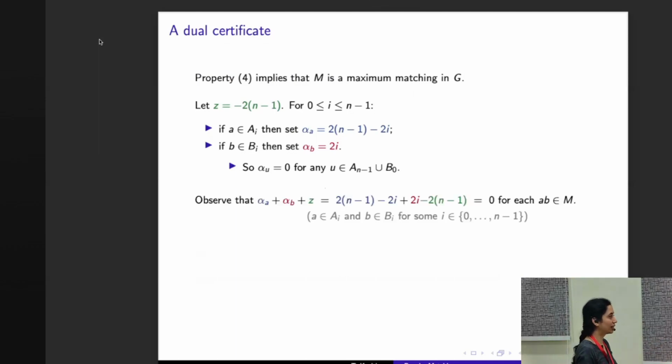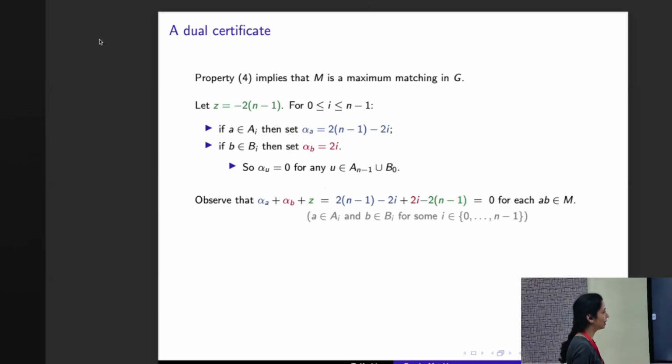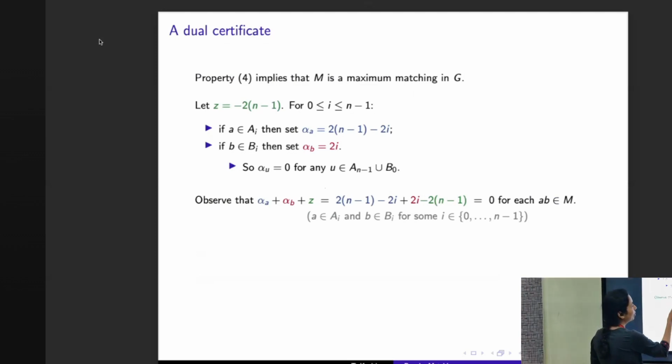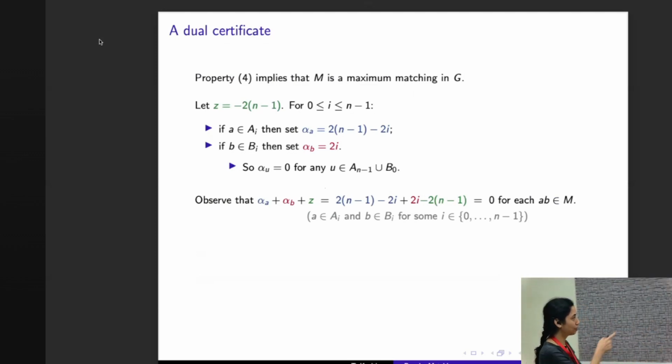And our constraint was to show that alpha A plus alpha B plus Z was at least the weight of the edge, and we also wanted to minimize the sum of all alpha values plus k times Z. So first let's look at this particular value.